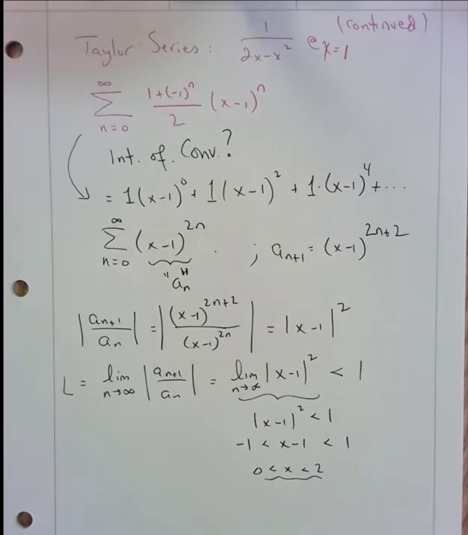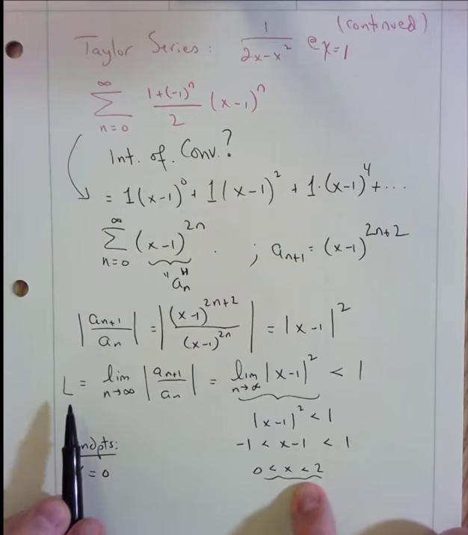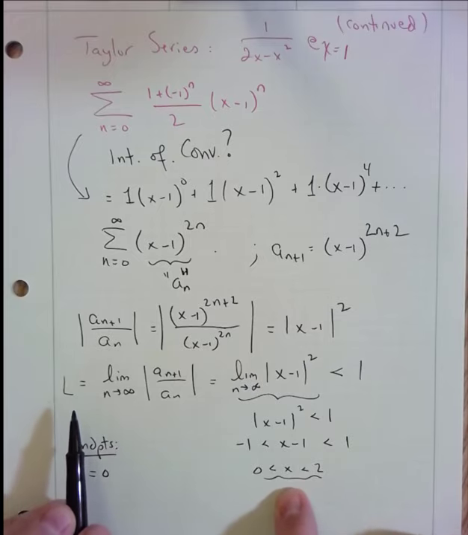And then remember, check the endpoints, because at these endpoints, 0 and 2, that's where this limit is equal to 1. That's where the ratio test tells us nothing.